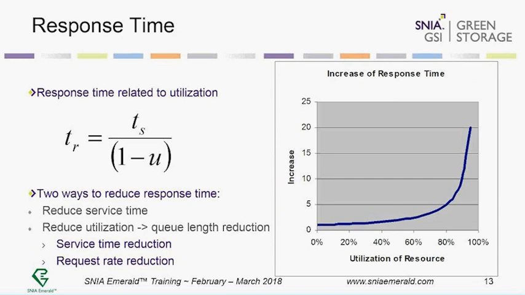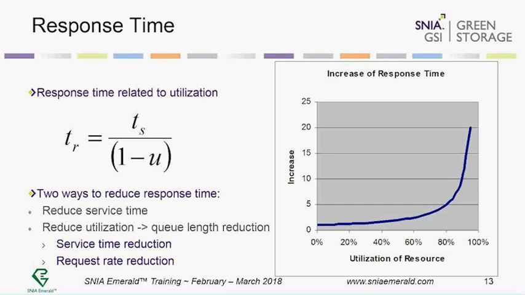Here's one more way of illustrating the response time versus the utilization relationship. What this shows is that as we increase the utilization, we also have an increase in response time.